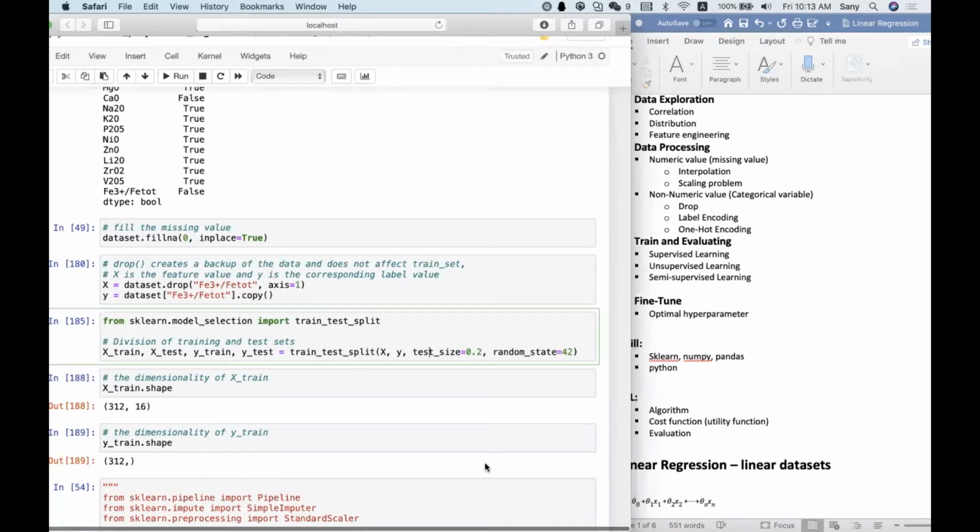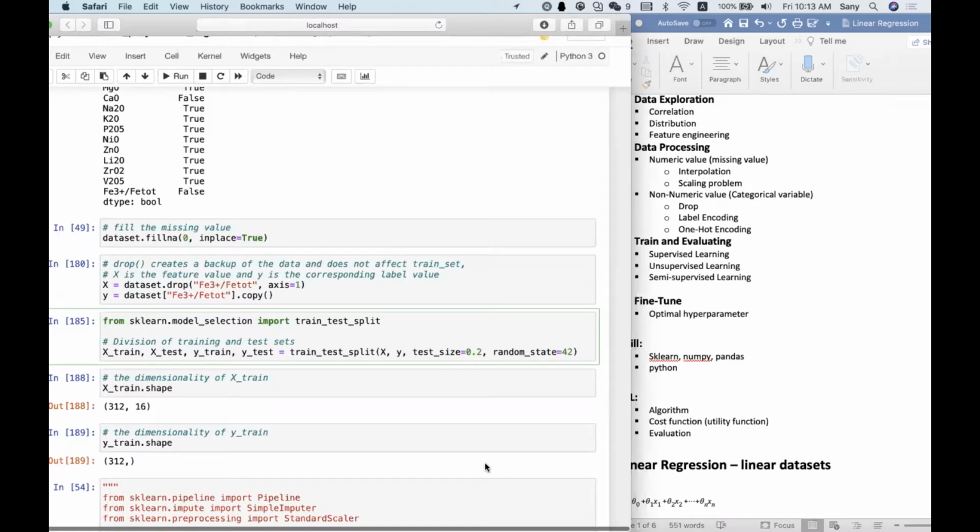When starting machine learning, the initial thing to do is to make a training data set and a test data set, which means we should do a division on the original datasheet we have.